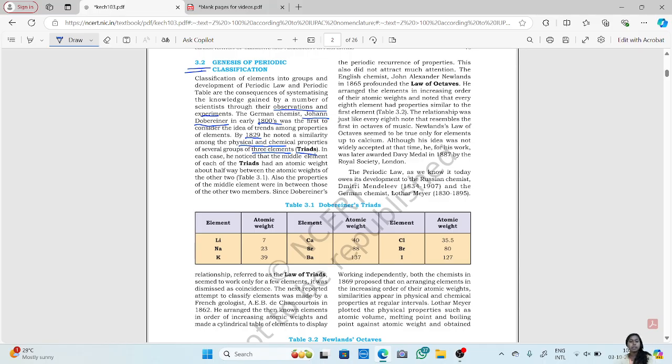Now, what does this mean? For example, here there is a triad given: lithium, sodium and potassium. This is a triad which Döbereiner formed. What he found is that if we take the arithmetic mean of lithium and potassium, the atomic weight of lithium is 7 and of potassium is 39.